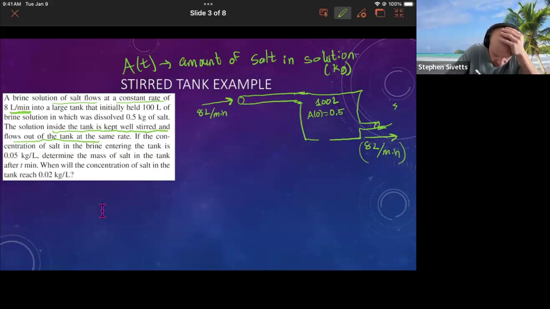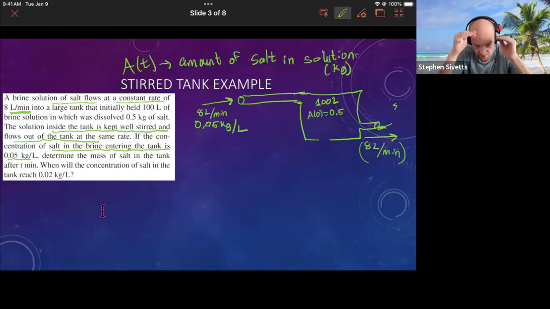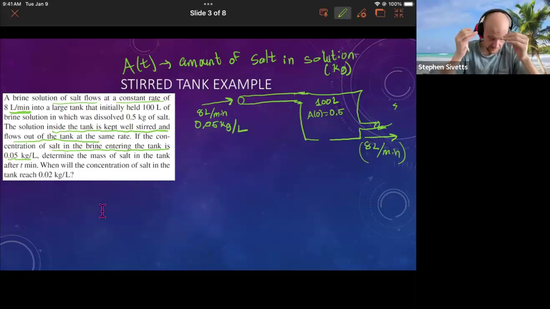And we already know the concentration rate is 0.05 kilograms per liter, right? So the concentration that's going in is the amount of the substance in the solution per volume of liquid. So the concentration is 0.05 kilograms per liter.